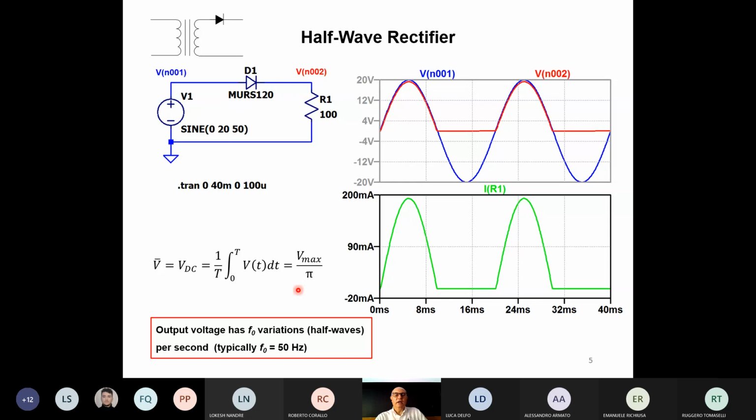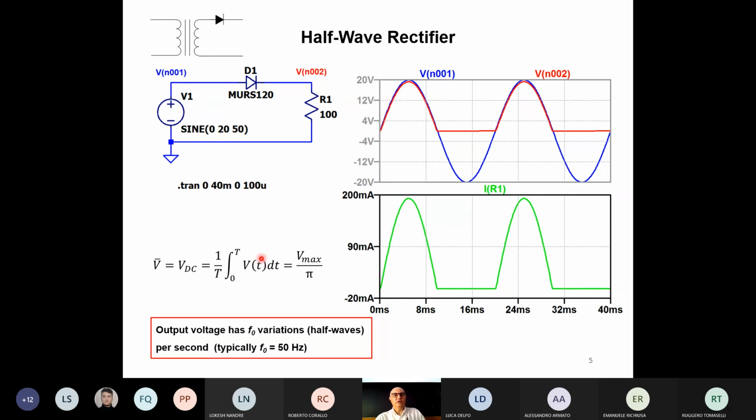Another thing that we can calculate, for instance, is the average of the output voltage, what we would call VDC. How can we do that? We simply take the integral extended to one period of this particular shape, half wave and 0.